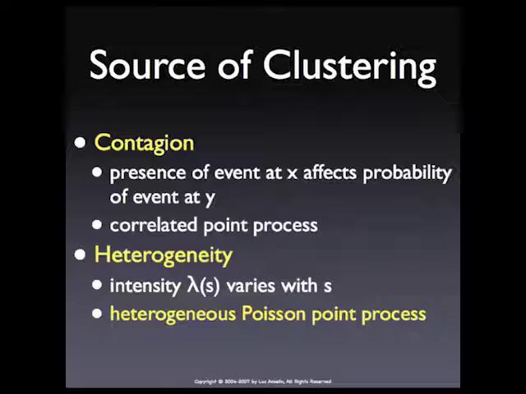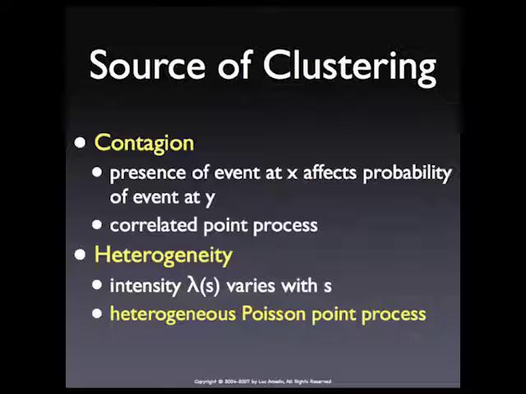So these are correlated processes in that the presence of an event at a particular location affects the likelihood, or the probability, of an event in another location. And typically, we'll be interested in the probability of events in nearby locations. Sometimes we want to model everything, but for practical purposes, we'll keep it close to what happens in the neighborhood of these events.